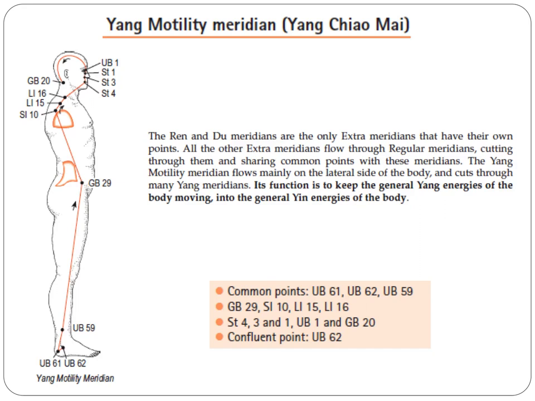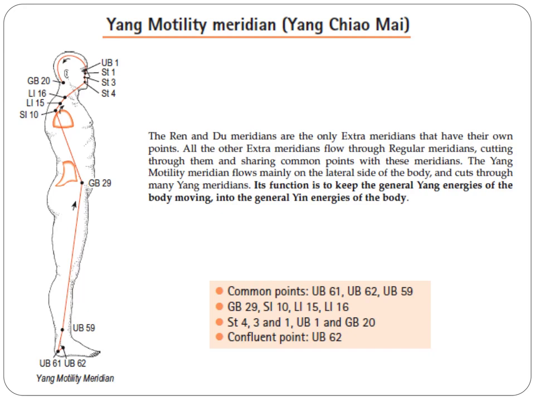So the common points of the Yang motility meridian are the following: UB61, bladder 62, and bladder 59. We can find this on the foot or the heel. So we also have GB29 on the inguinal area, SI10, LI15, and LI16.